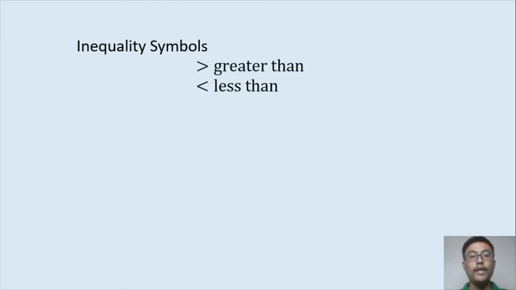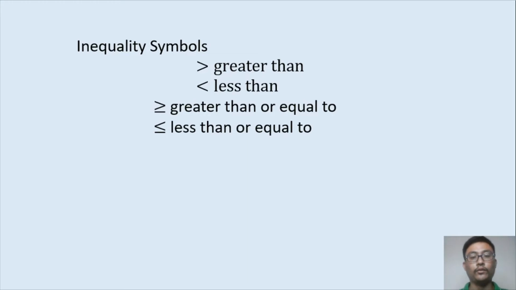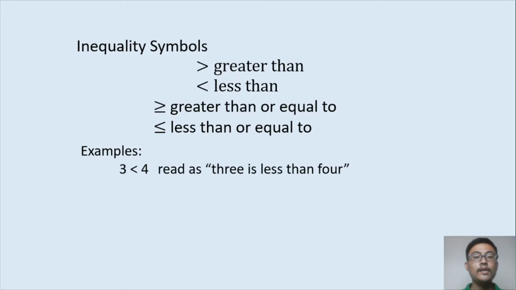Okay, so muna tayo sa inequality symbols. Siyempre, meron tayong greater than, less than, greater than or equal to, less than or equal to. For example, 3 is less than 4.